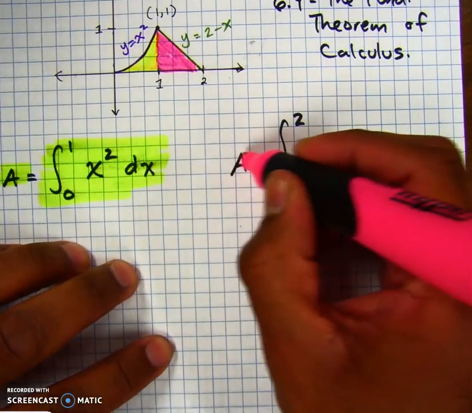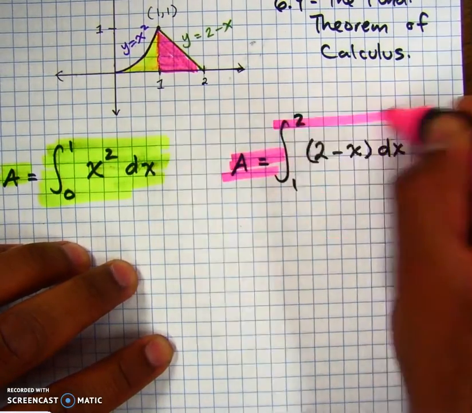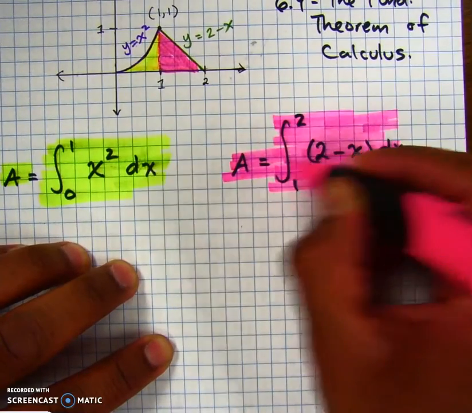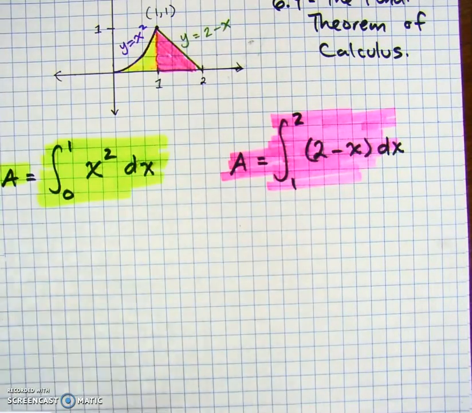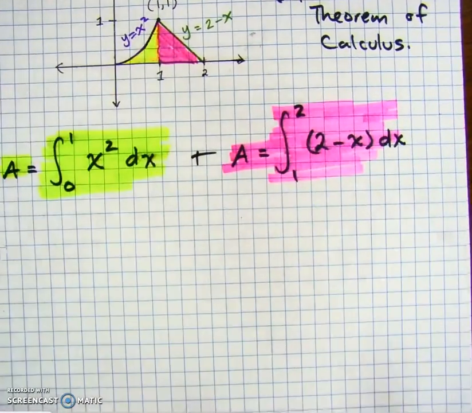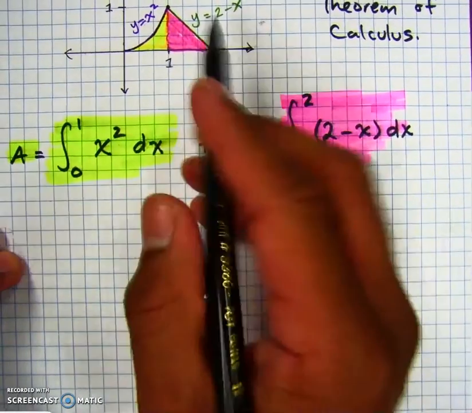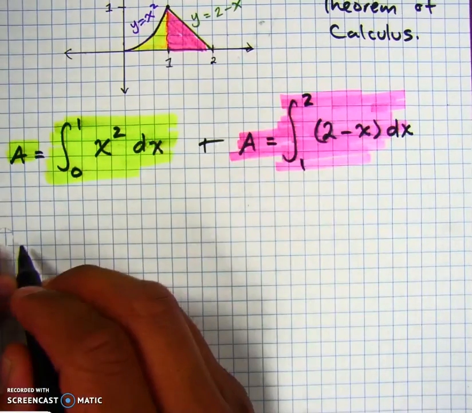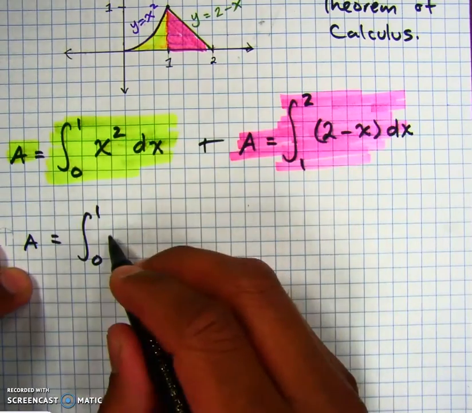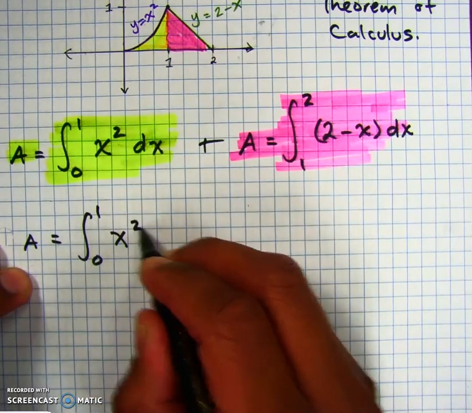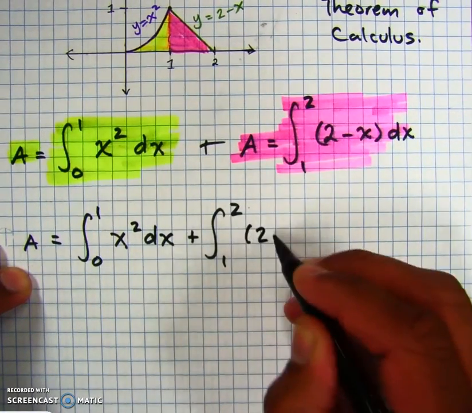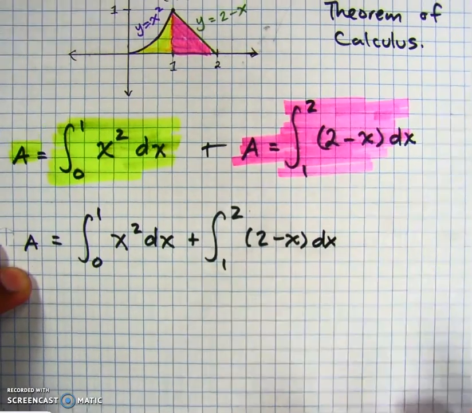Okay? And so hopefully you are kind of seeing what I'm going to do. You're kind of thinking ahead. And if we add those two together, we'll get the area of the entire thing. So in other words, the area for the entire thing is equal to the integral from 0 to 1 of x squared dx plus the integral from 1 to 2 of 2 minus x dx.